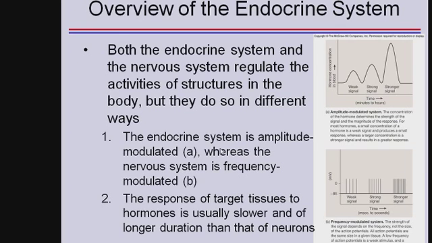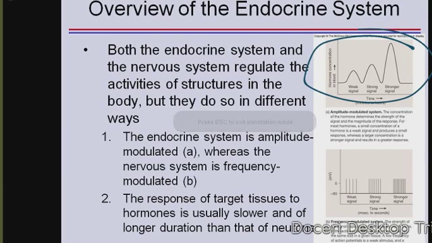Alright, so overview of the endocrine system. We've looked at this already. Both the endocrine system and the nervous system will regulate the activities of structures in the body, but they do so in different ways. The endocrine system is amplitude modulated, just like we saw on the previous slide. Will it be a weak signal, strong signal, or even a stronger signal? Whereas the nervous system is frequency modulated.